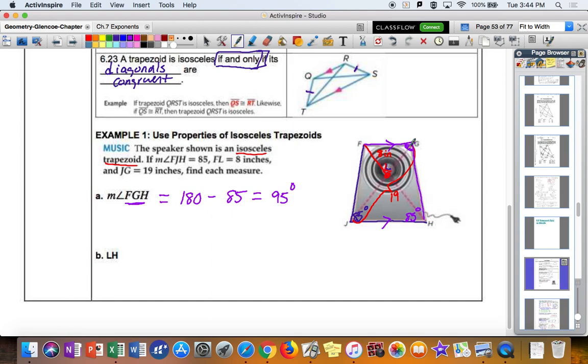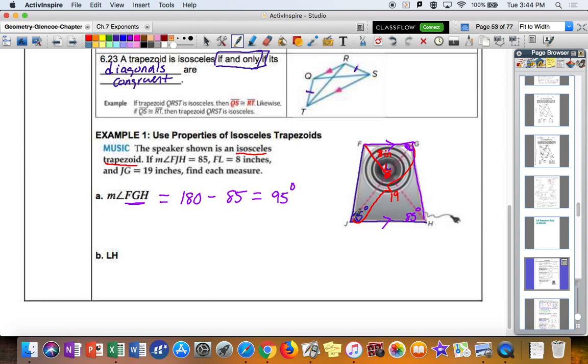All right, our last question on this page is what is the distance from L to H? So remember, L is this point where the diagonals meet, and we also are given that this is 8, and we don't know L to H, but we do know the other diagonal is 19, right? So in an isosceles trapezoid, the diagonals are congruent.